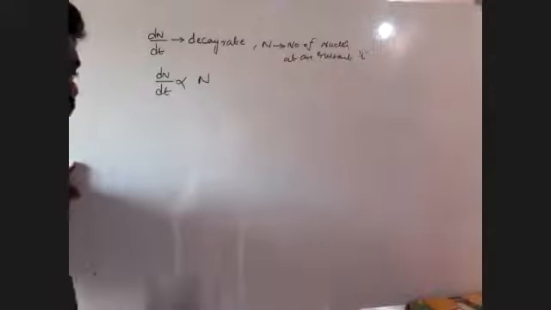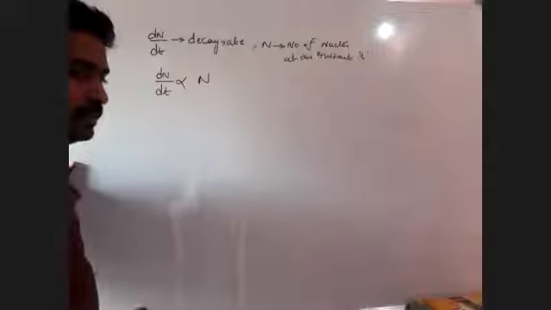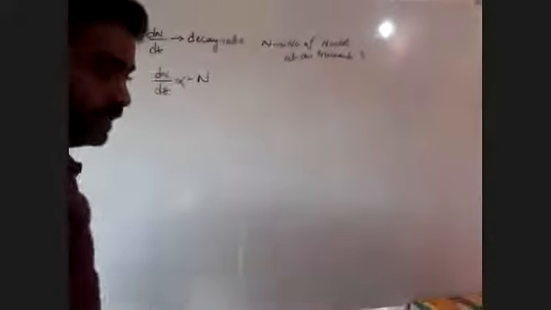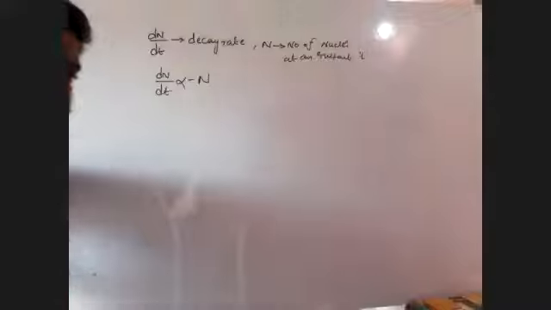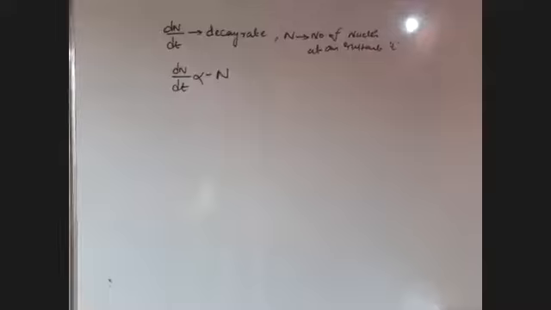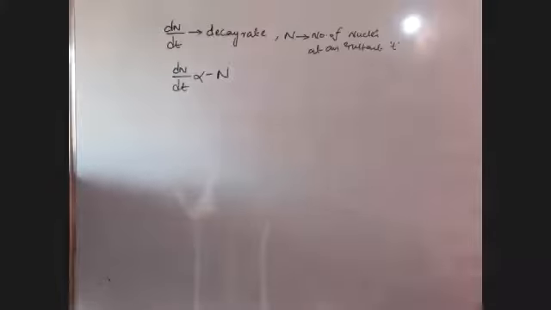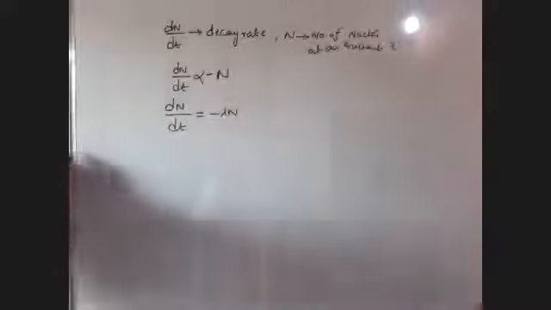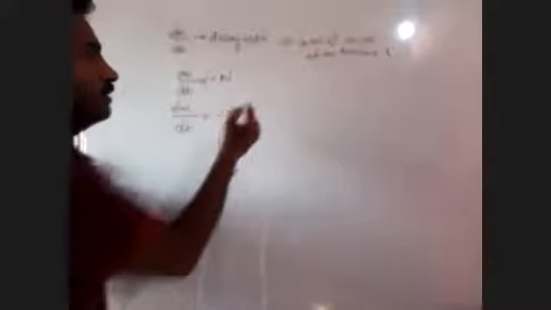But it is a decay, and decay means decrease, that's why I will put a minus. dN by dt is proportional to minus N. Removing proportionality, we get dN by dt is equal to minus lambda N. What is lambda here?